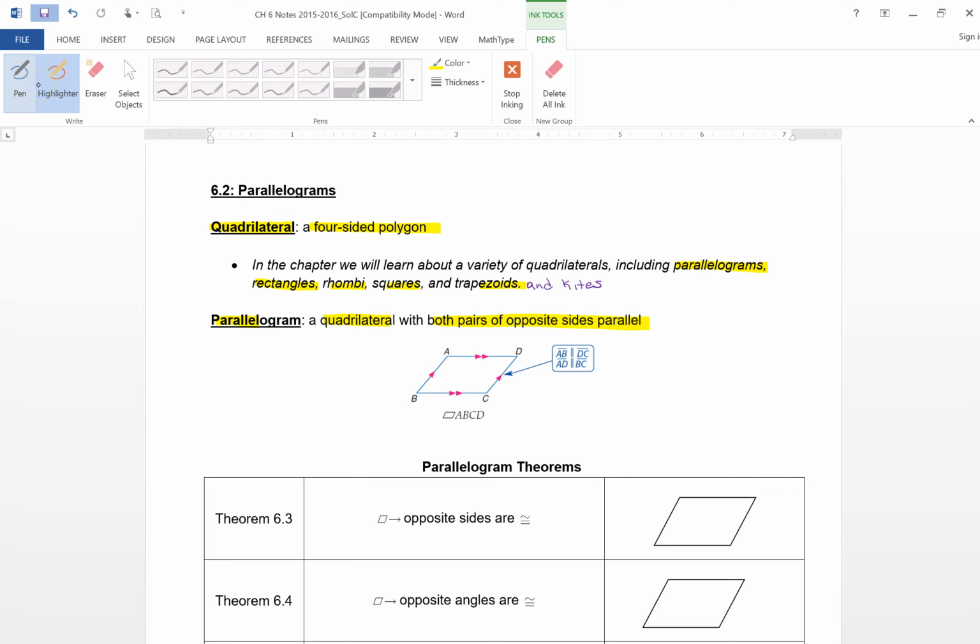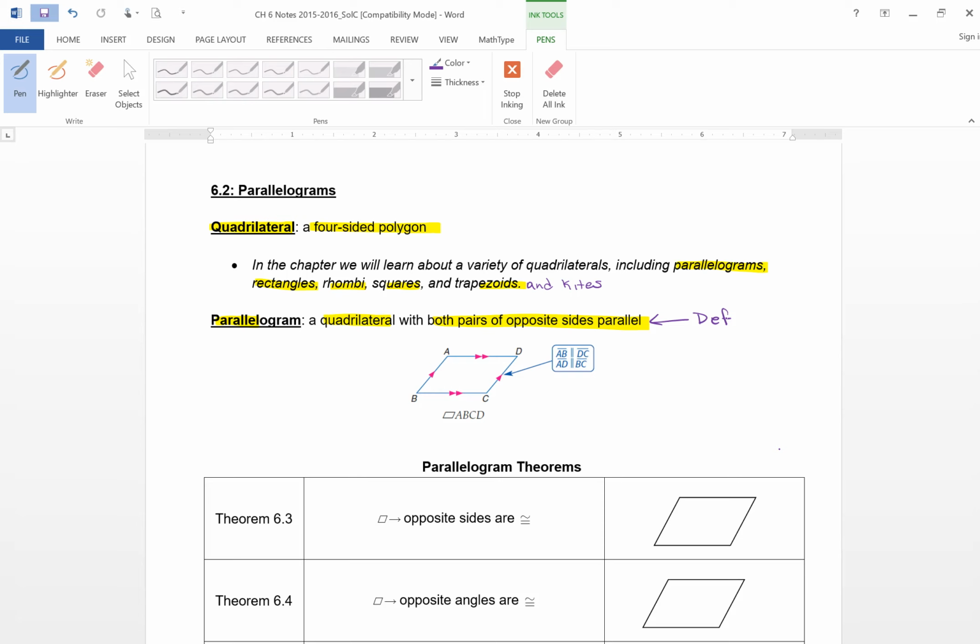This is the definition of a parallelogram. A parallelogram also has several other properties. Please don't confuse them with the definition. The definition comes from the word from which it's made. It's a quadrilateral with both pairs of opposite sides parallel.